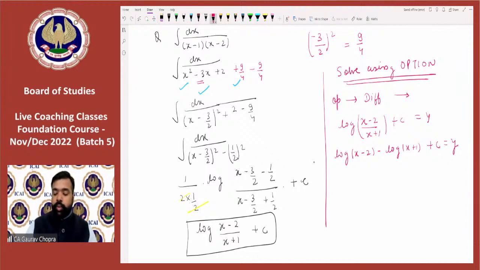Now we can apply the formula for differentiation. Derivative of log of x is 1 upon x, minus, again derivative of log of x, 1 upon x plus 1, and the constant becomes 0, is equal to dy by dx.